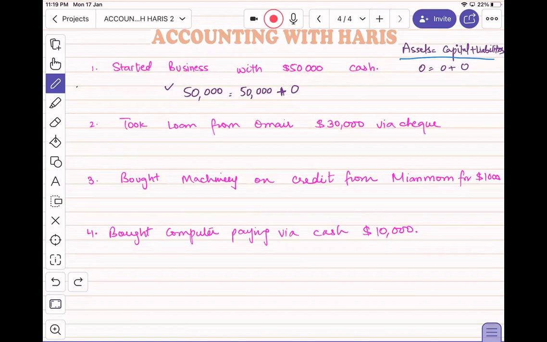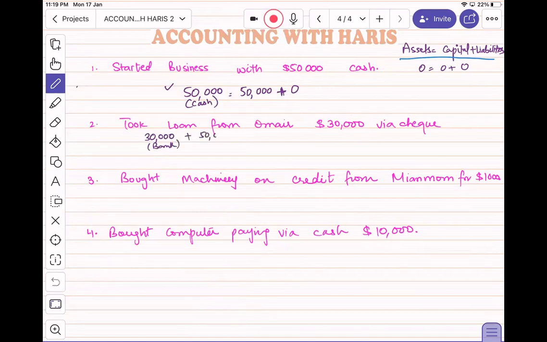Now if you look at the next one, took loan from Umair 30,000 via check. If the business gets this amount of loan, 30,000, the business would receive this 30,000 as well. So again the assets of the business would increase by 30,000. Now the business would have 30,000 in its bank account, so I can say bank, 30,000, and 50,000 cash.